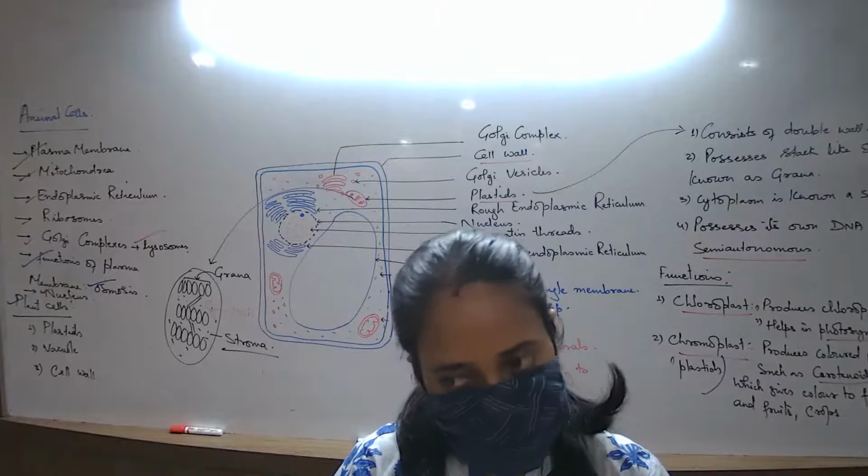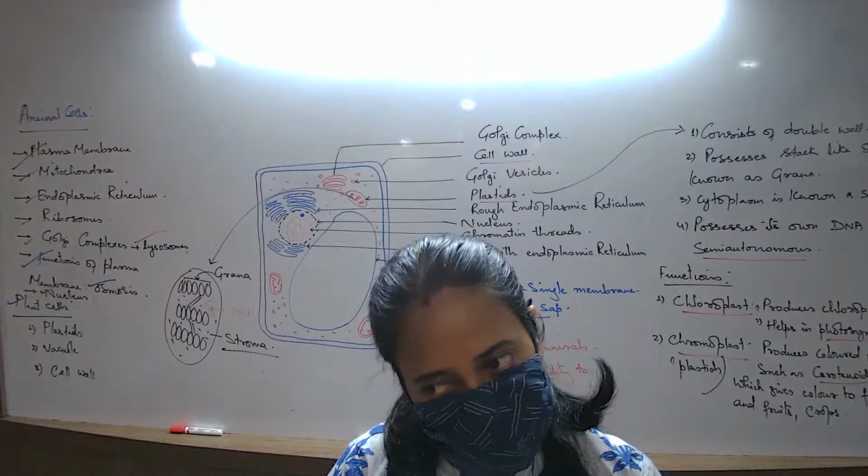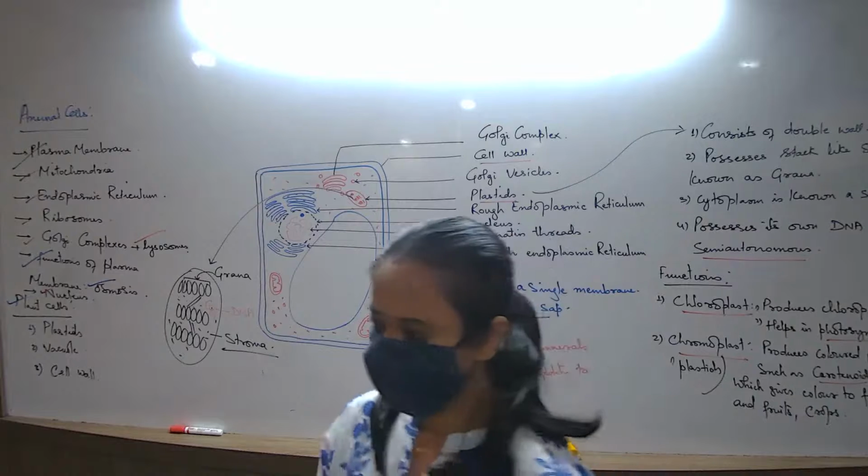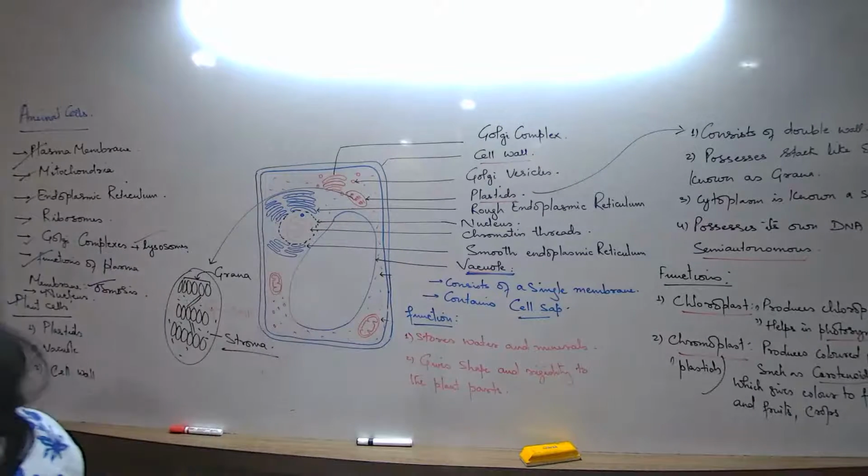And the cell wall of the plant cell prevents bursting of cell in dash solution. Hypotonic. Dilute है ना? Bursting of cell in hypotonic.